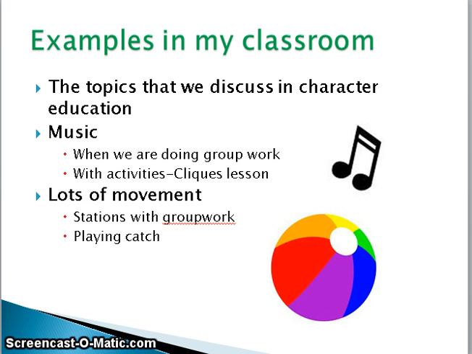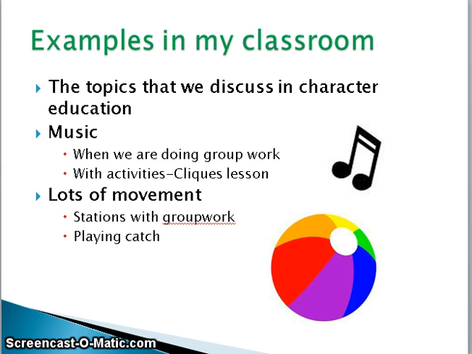So some of the examples in my classroom are, first, just the topics that I discuss in my character education elective. It relates to the students' lives. We talk about different things such as bullying, we talk about peer pressure, we talk about cliques and friendships, we talk about being honest, we talk about setting goals.